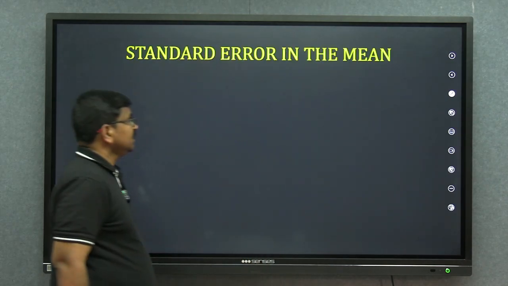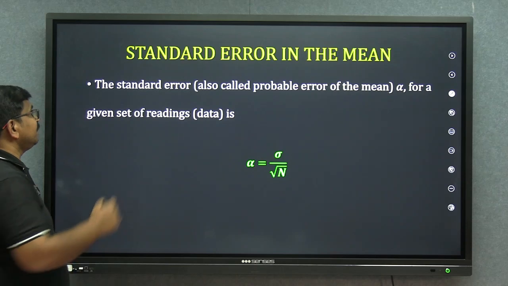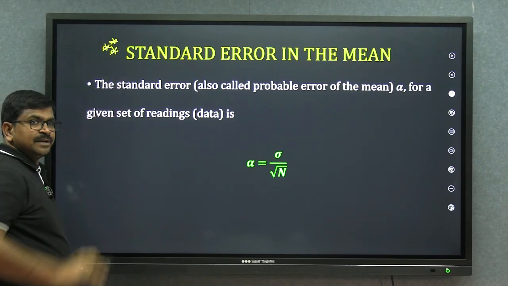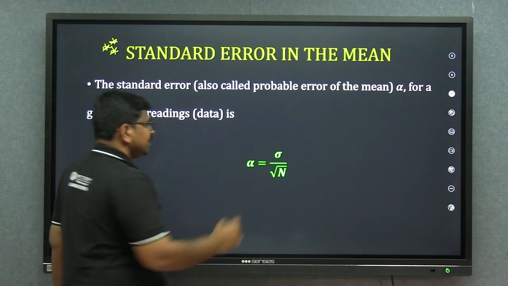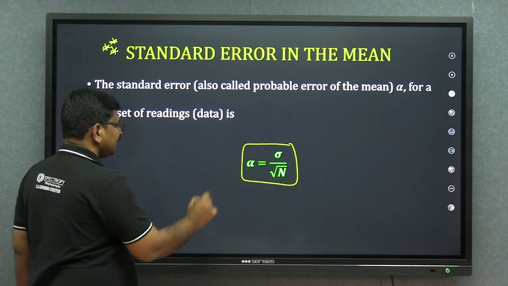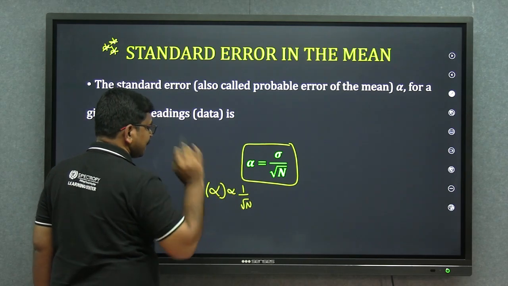And another is there, that is standard error in the mean. That is very, very important. And standard error alpha is sigma by root n. Here alpha is inversely proportional to root n.